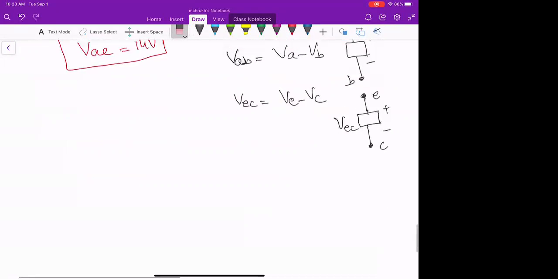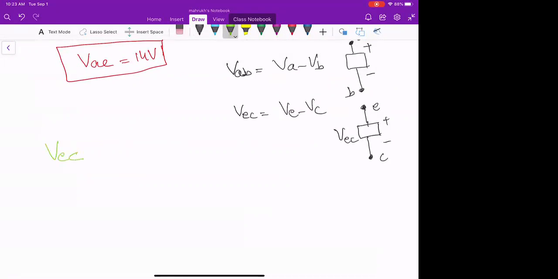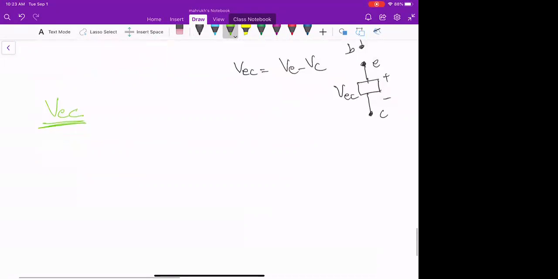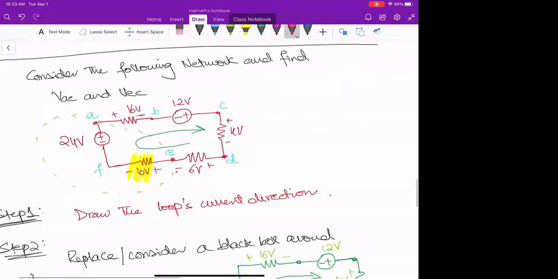Okay? VEC. So I have to put VEC in the black box. Okay, so let's see what VEC is. So this is my VEC, right? But you can see that VE is lower than C. So I don't know what this is. I will just put them in the black box and take the convention as the name.